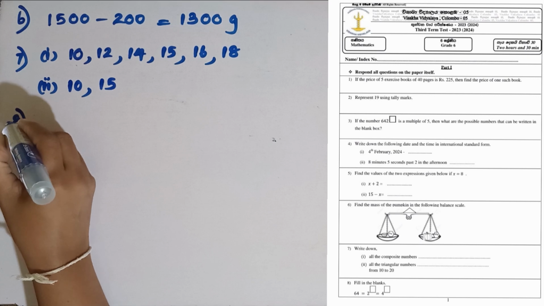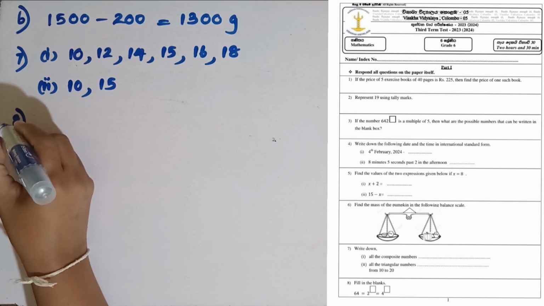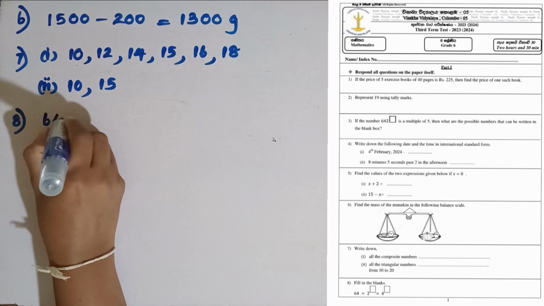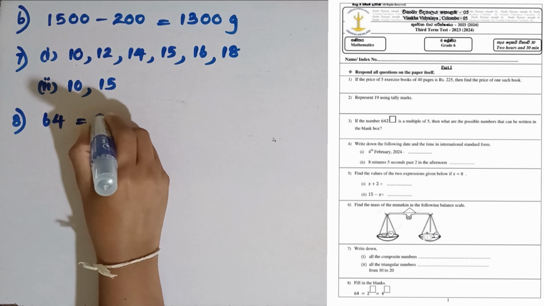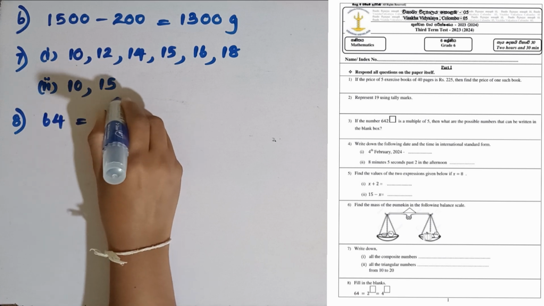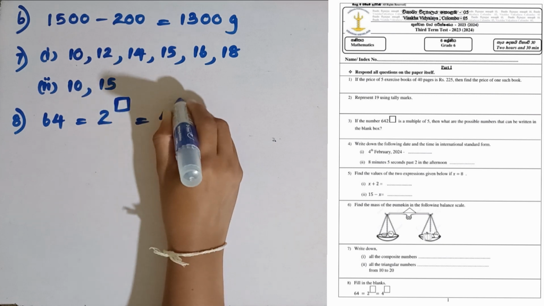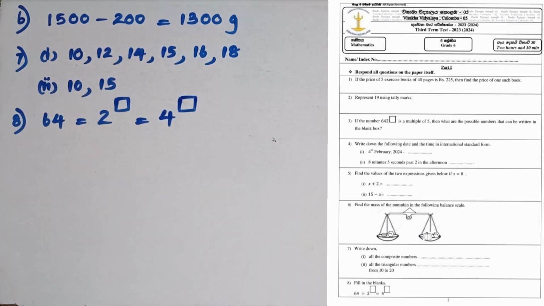Question number 8. We are given this. Fill in the blanks. 64 equals 2 to the power blank equals 4 to the power blank.